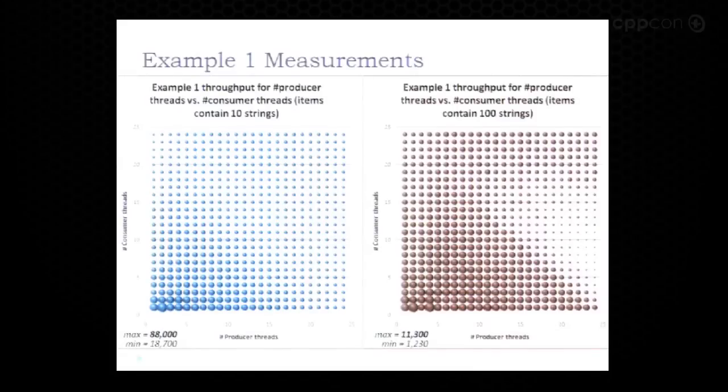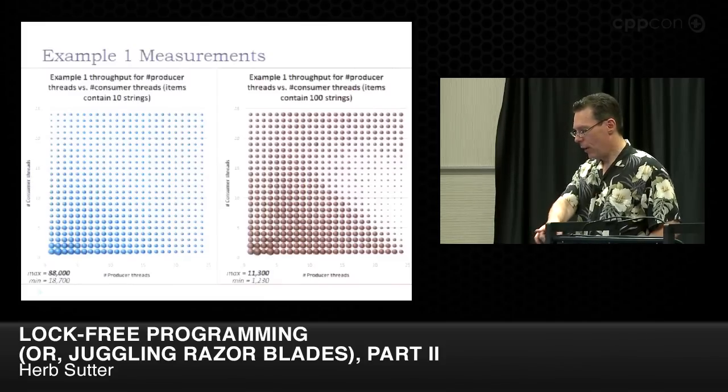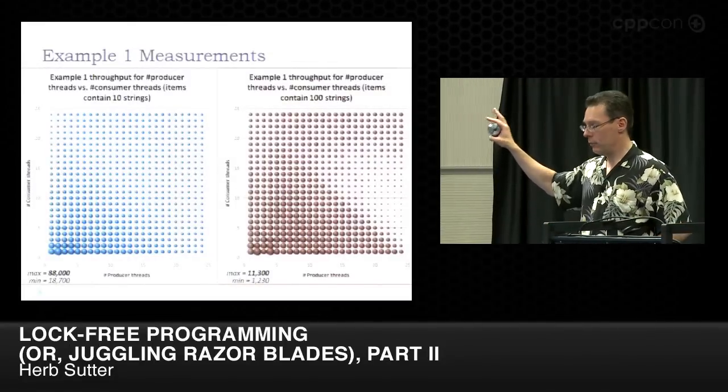So here are some measurements. The way I did these measurements is on the vertical axis, you've got the number of consumer threads, which go from 1 to 24. And on the horizontal axis, the number of producer threads. And we're going to keep that consistent throughout.